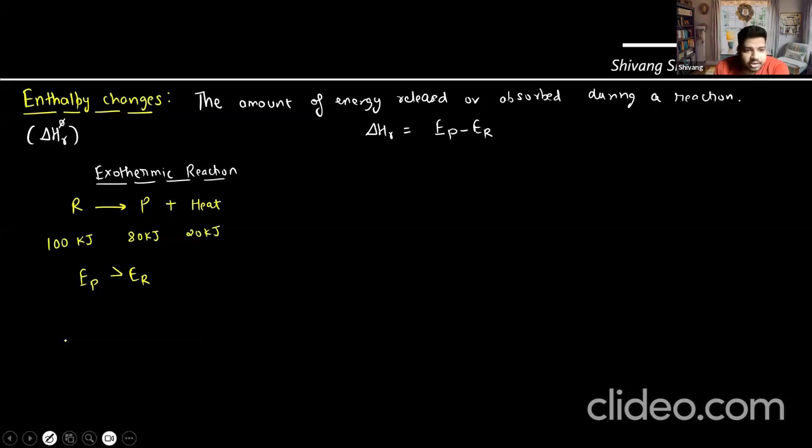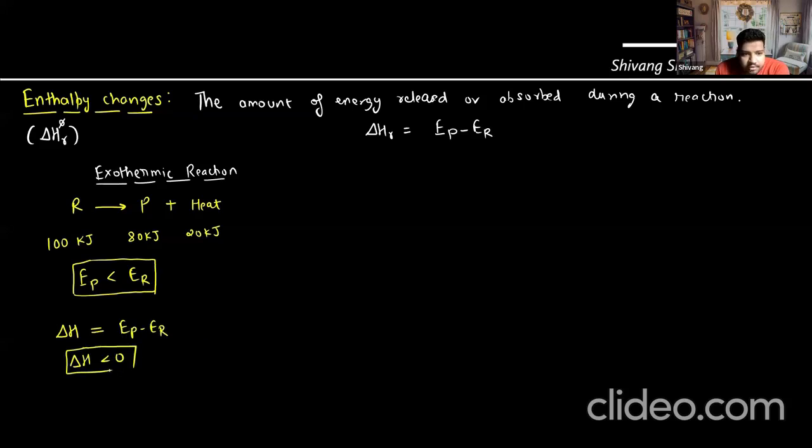So delta H would be EP minus ER, and since EP is less than ER, the delta H would be negative. That is the first thing that we came to know. So if you have an exothermic reaction, the enthalpy change is going to come as negative. Why negative? Because the enthalpy of product is less than the enthalpy of reactant.